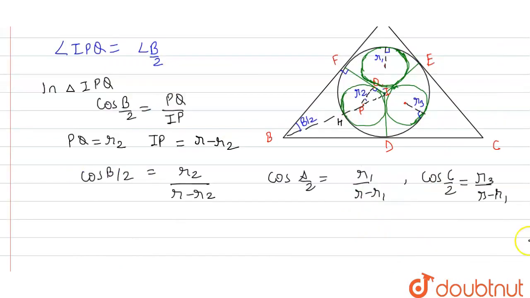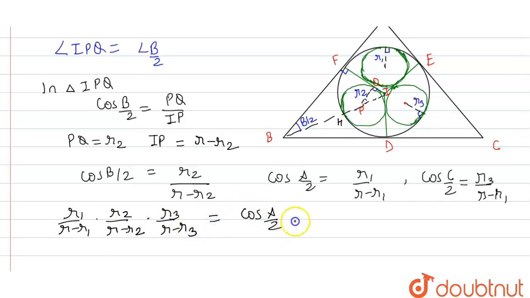So now we multiply these three values. R1 upon R minus R1 into R2 upon R minus R2 into R3 upon R minus R3 is equal to cos a by 2 multiplied by cos b by 2 multiplied by cos c by 2. Mark it as equation 1.